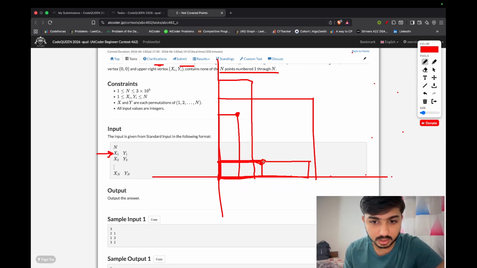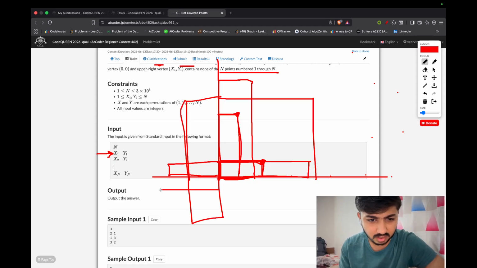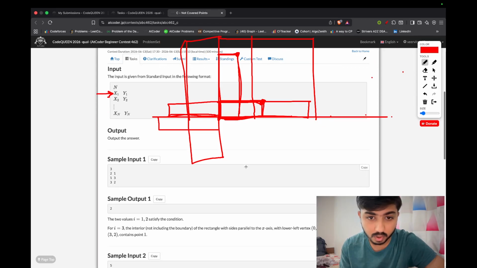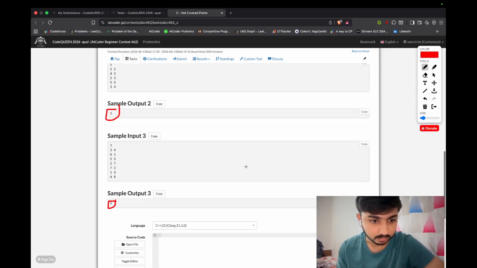We can have this rectangle. We can have this rectangle. Similarly, here also we can have this rectangle. We can have this rectangle. Yeah, I think the maximum answer can always be from 1 to 8.